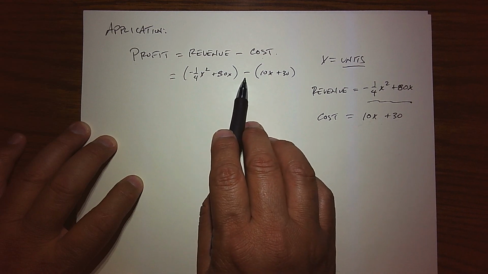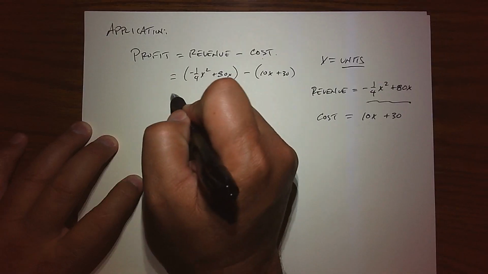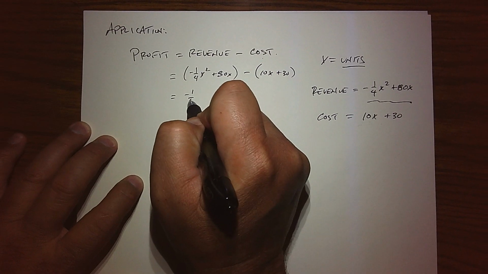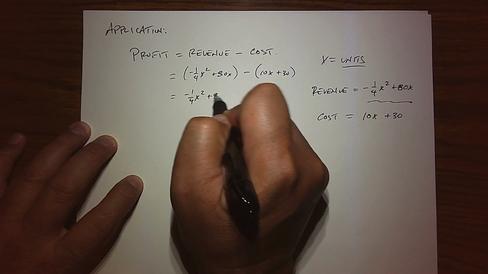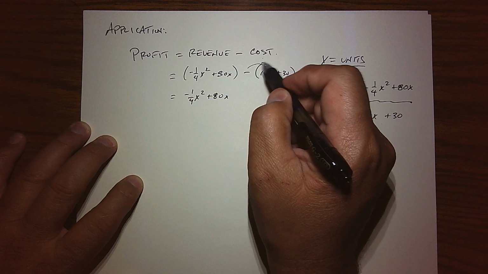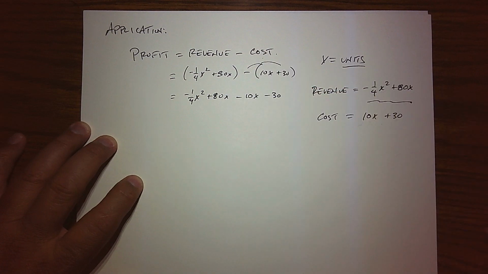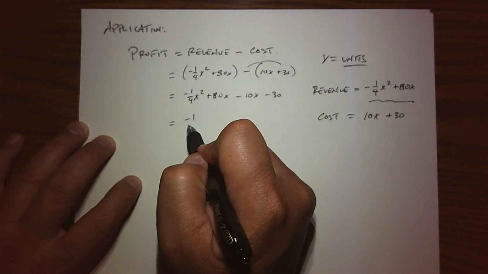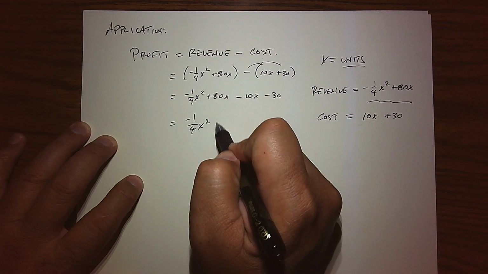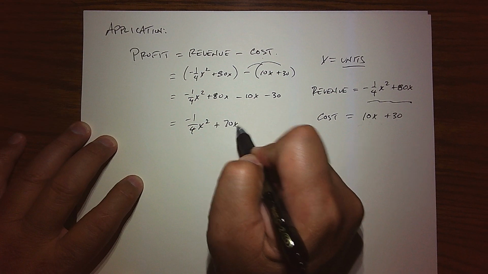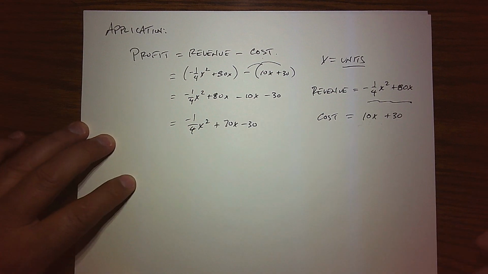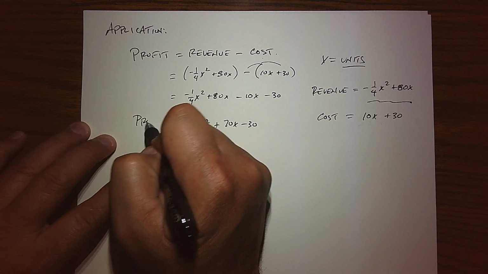Of course, we just saw in subtraction, we change the signs behind it. I can just drop these parentheses in the front since nothing's going on around them. But since we're subtracting, signs change behind us. And combining like terms, we end up with negative 1/4 x squared plus 70x minus 30. So there's basically our profit function.